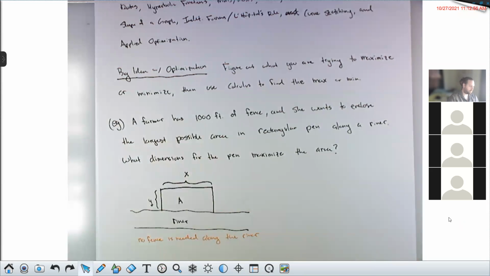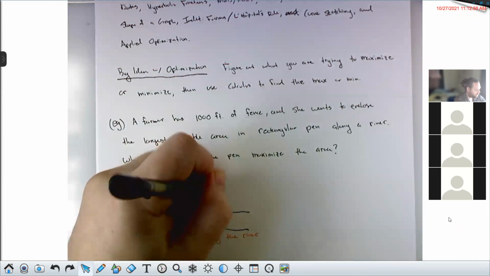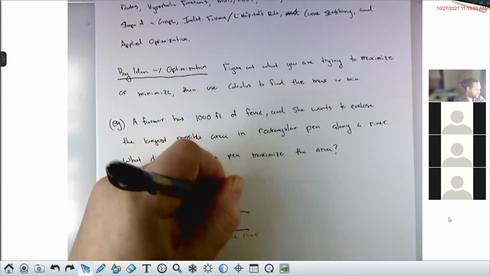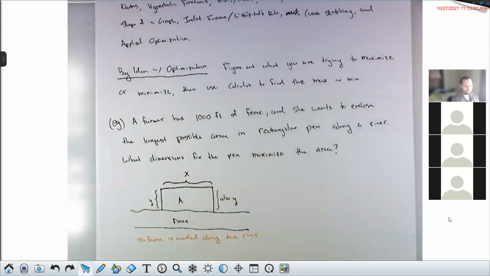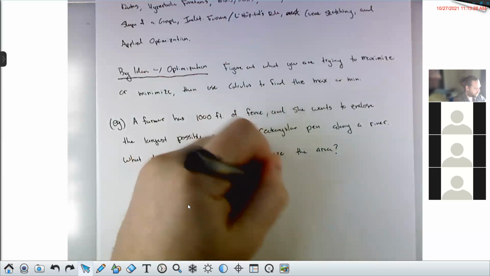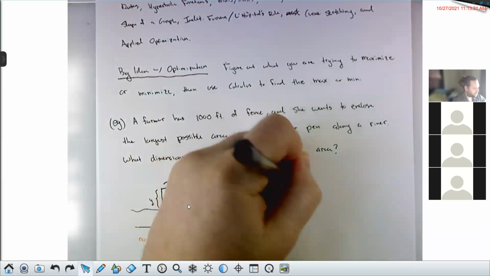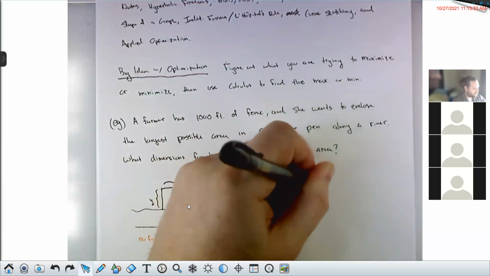Y. Yeah, it must also be Y. All right, because this is supposed to be a rectangle. Very good. So I want to find a formula for this area. What is the formula for this area? Y times X. Very good. The area A is X times Y.